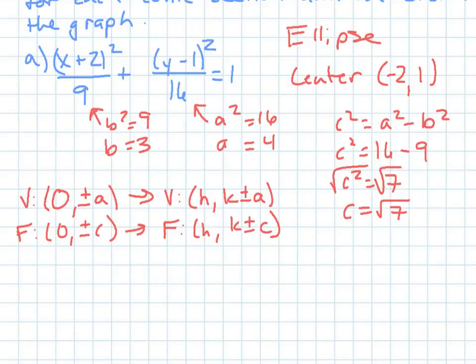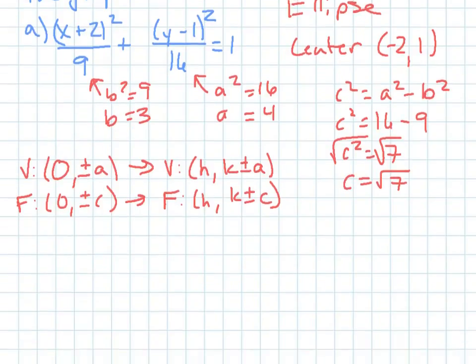Because you're still on the same vertical axis, the vertical one's still the changing one, but since your center is not 0, 0 anymore, you're not adding to 0 anymore, you're adding to those new values. So that's where it's going to change a little bit.